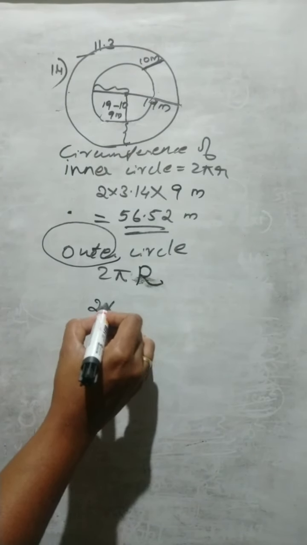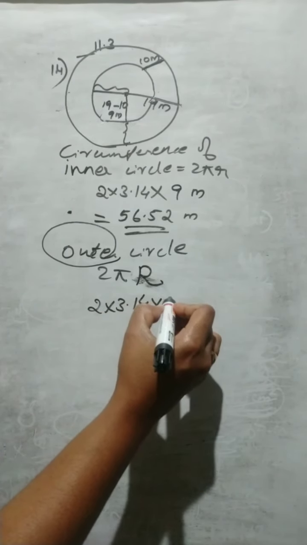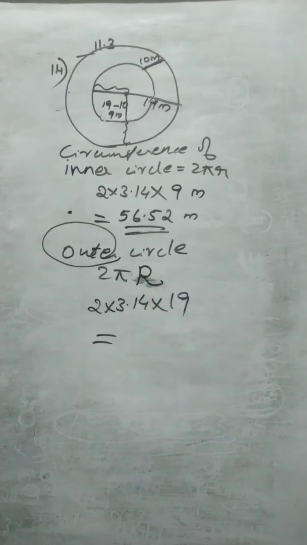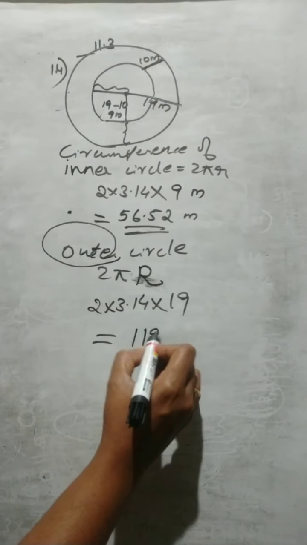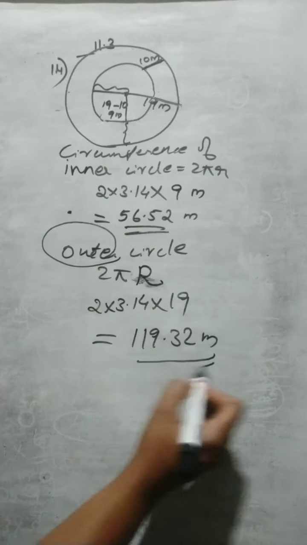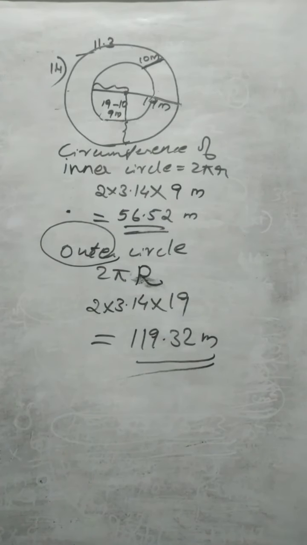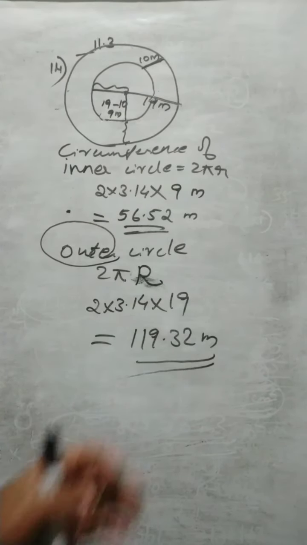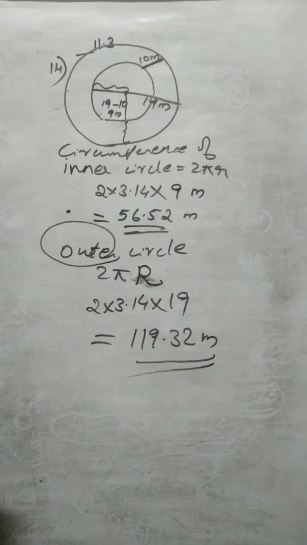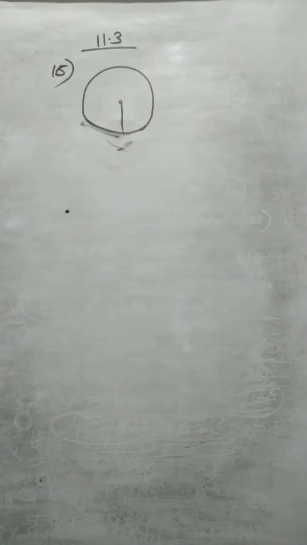So 2 times 3.14 multiplied by 19 is equal to 119.32 meter. This is the circumference of the outer circle, and that is the circumference of the inner circle. Clear?